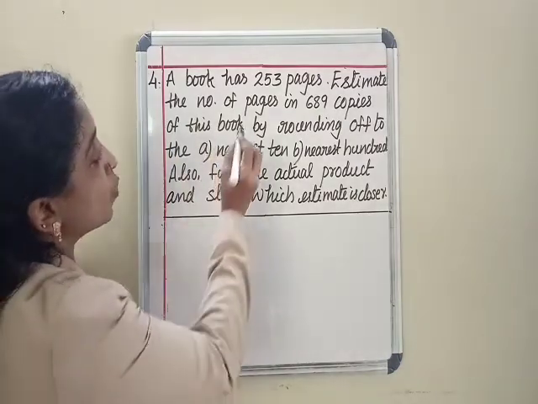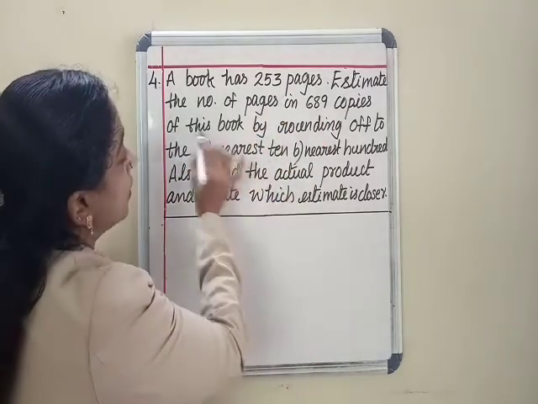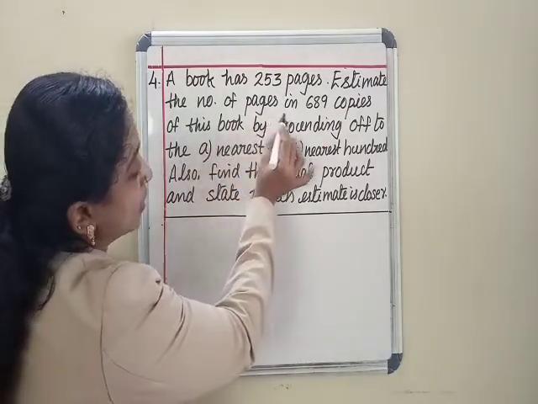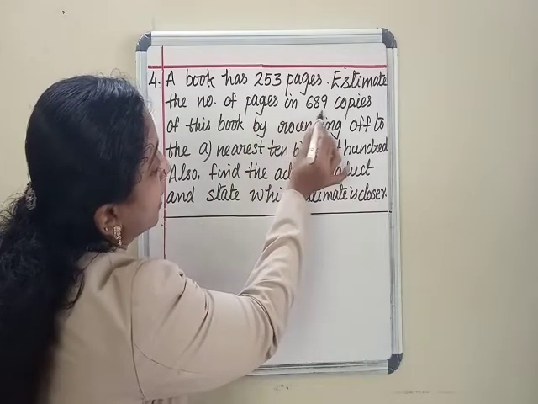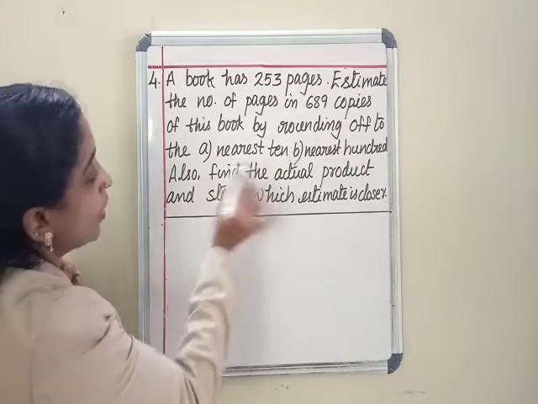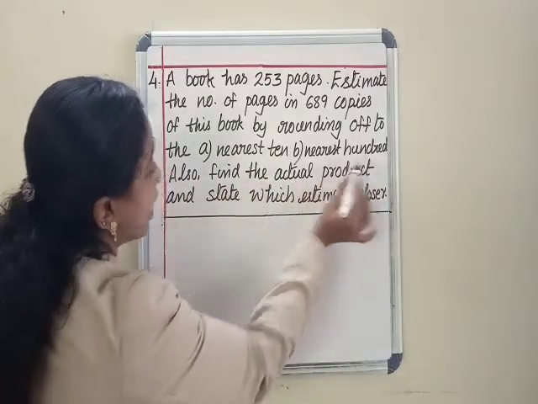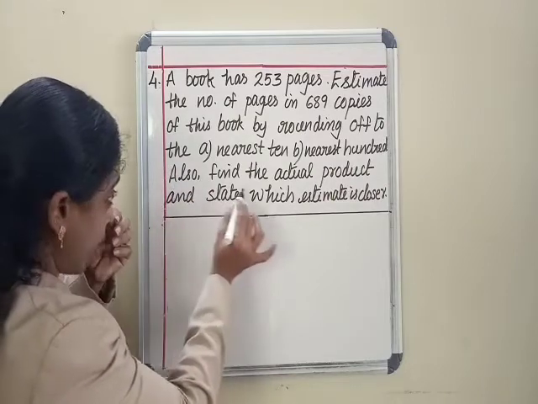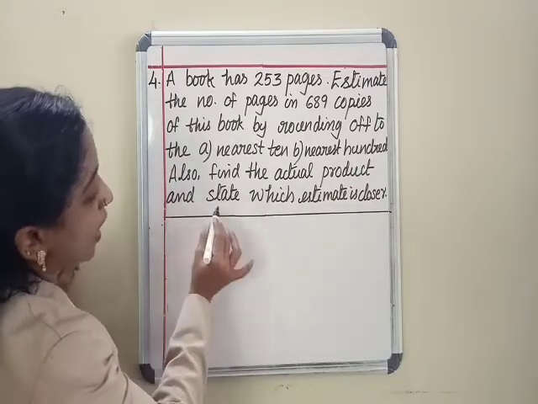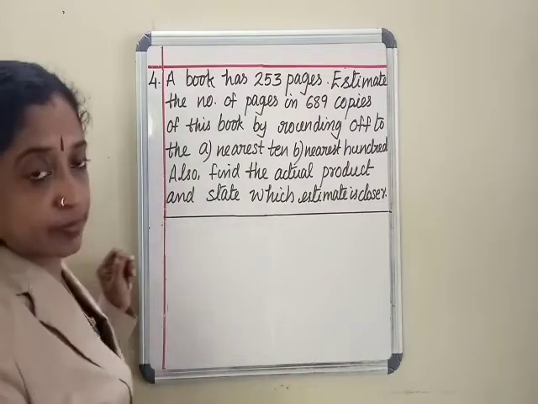Children, next is question 4. A book has 253 pages. Estimate the number of pages in 689 copies of this book by rounding off to the nearest 10, nearest 100. Also find the actual product and state which estimate is closer.